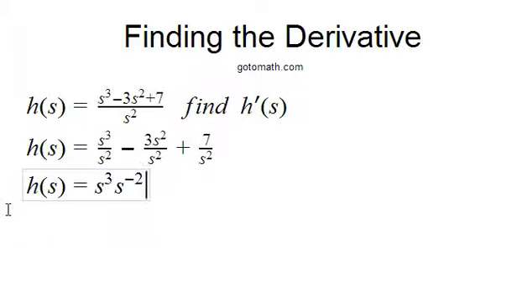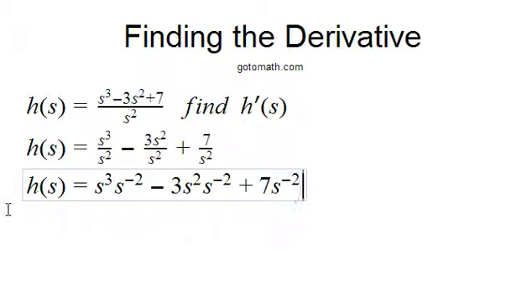Of course we're going to add our exponents, but first we'll go through and do the rest of these. So this becomes s squared, taking the denominator and moving it up, so that becomes a negative 2 also. And then we have plus 7s raised to the negative 2.